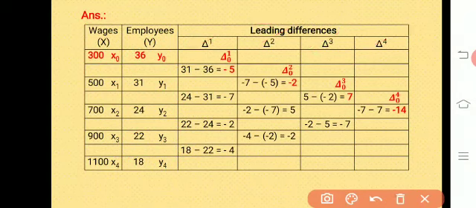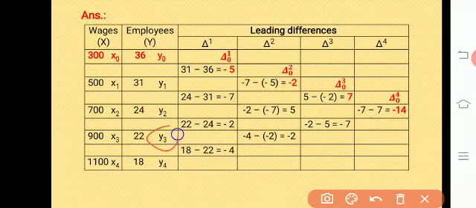The first leading difference is y1 value minus y0 value, that is 31 minus 36, and 31 minus 36 is minus 5. The next difference is y2 minus y1, that is 24 minus 31, which is minus 7.